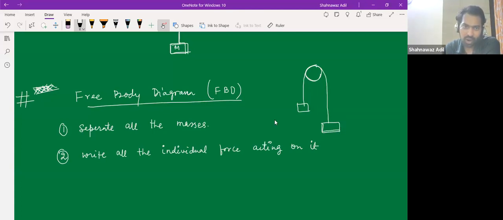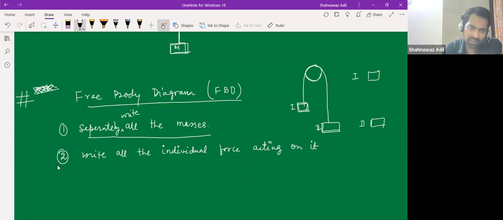So how many masses are there? We have two masses in this case. Let's say this is one object and this is the second object. So we will write the first object here, and then we will write the second object here. And the second thing we do is that we write all the forces acting on that object. So these are the things that we do in the free body diagram.